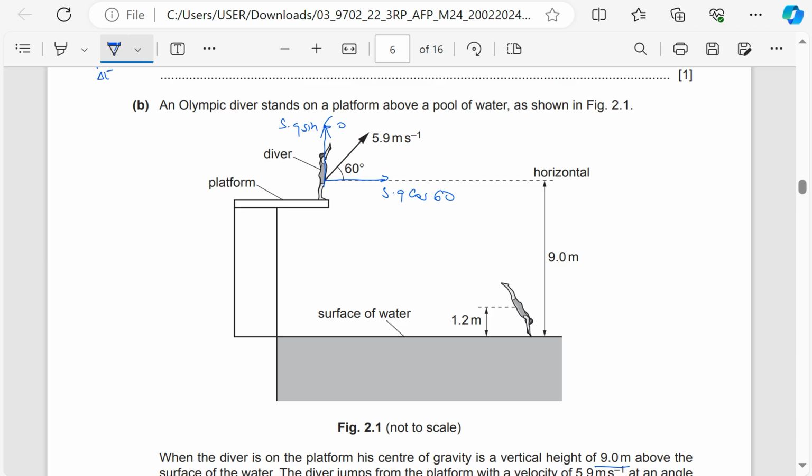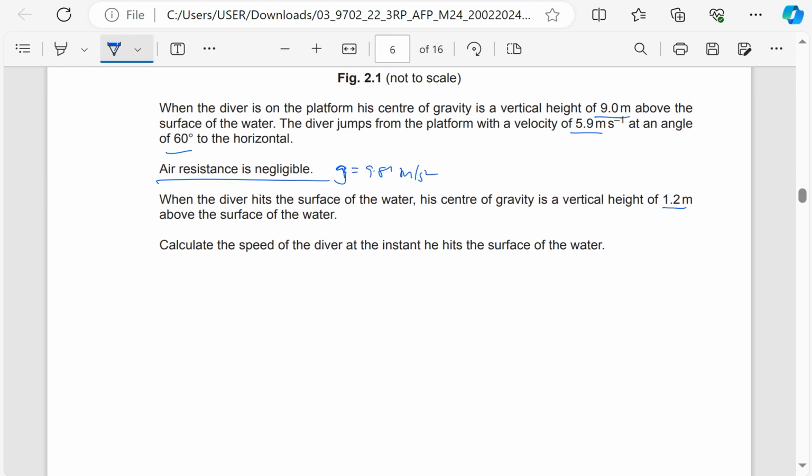Remember, it was initially 9.0, so his center of gravity has changed through this vertical distance: 9.0 minus 1.2, which is 7.8 meters. Calculate the speed of the diver at the instant when he hits the water.